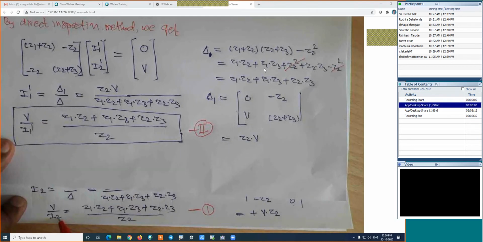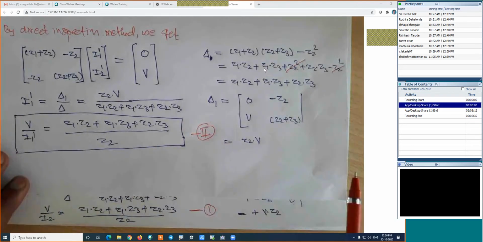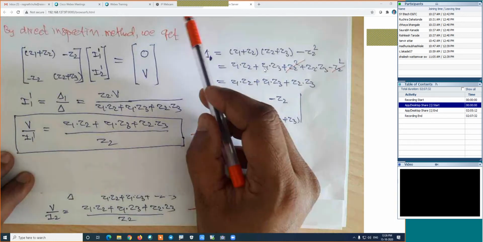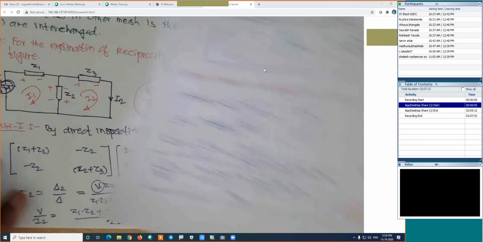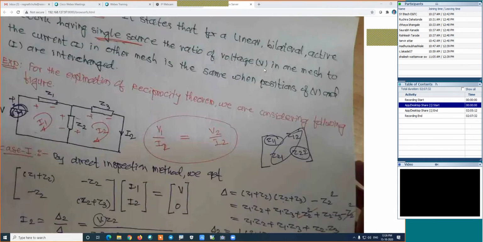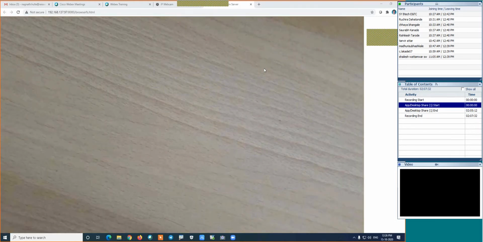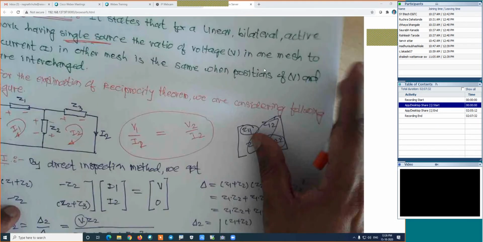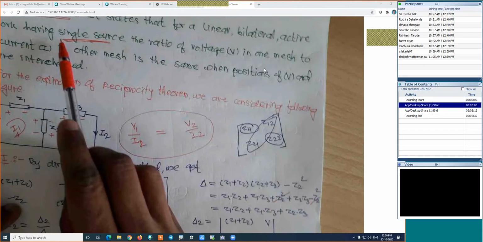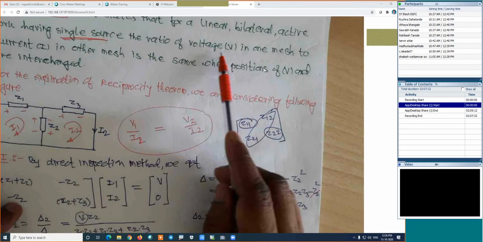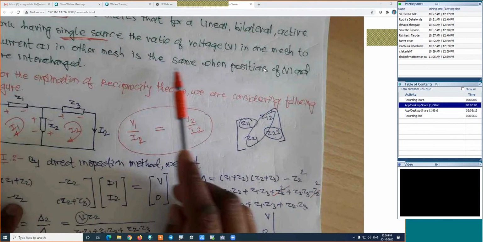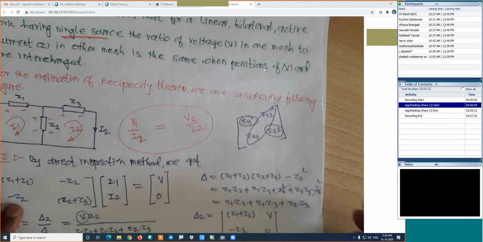This theorem says, for a circuit having a single source, I will show that theorem and then we will proceed further. It says that for a linear bilateral active network consisting of a single source, the ratio of voltage V in one mesh to the current I in another mesh is the same when the positions of V and I are interchanged.